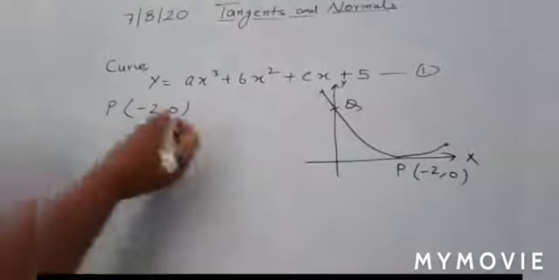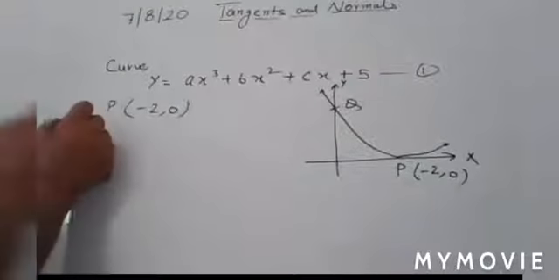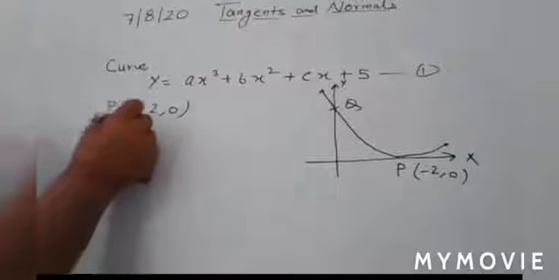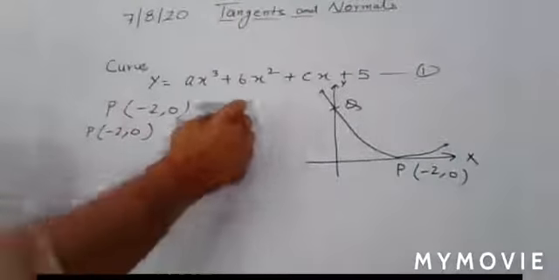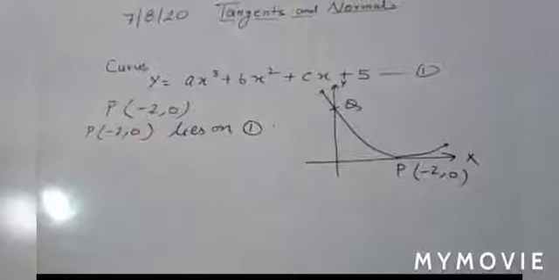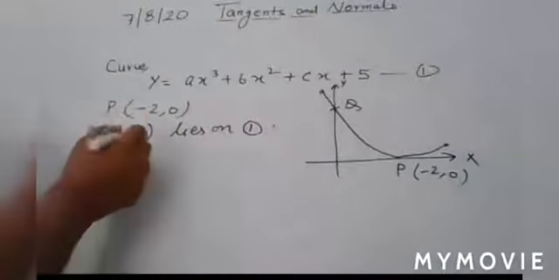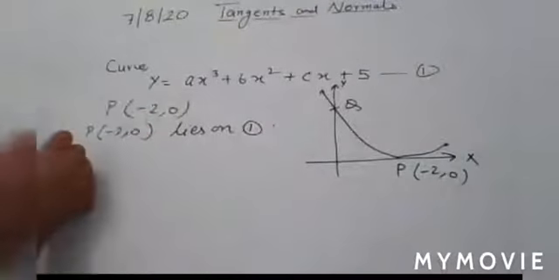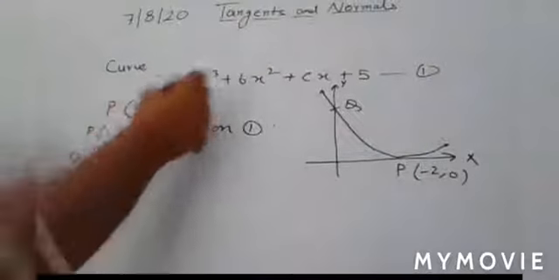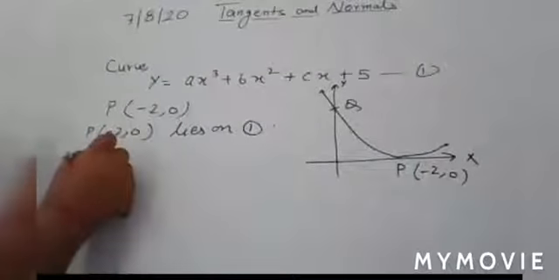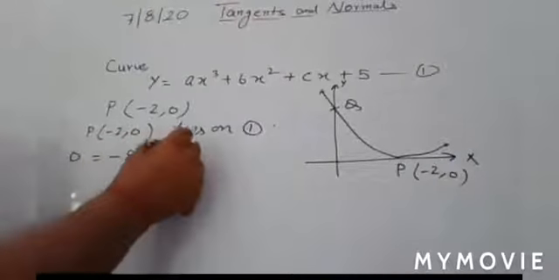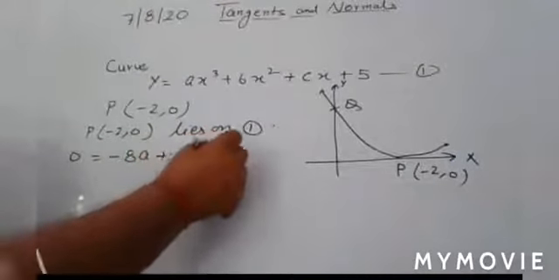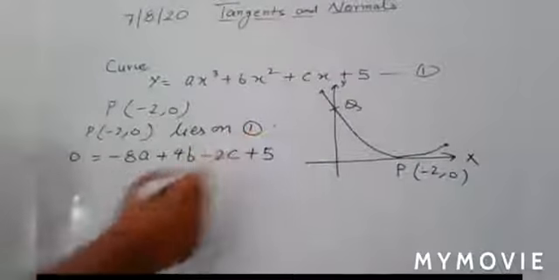So first you write in this way, since P minus 2, 0 lies on the curve 1. This figure shows that this point is also lying on the curve. So here you have 0, and on this side you can write minus 8a plus 4b minus 2c plus 5.